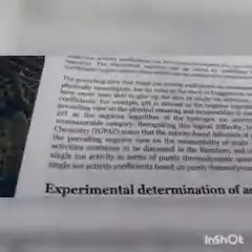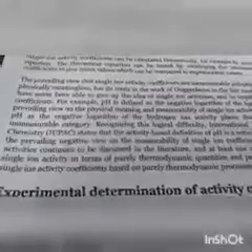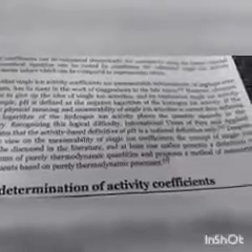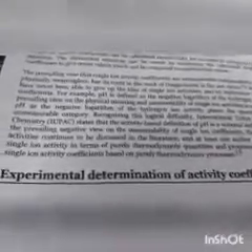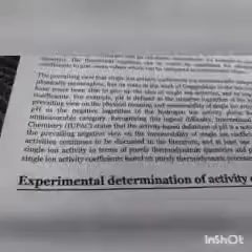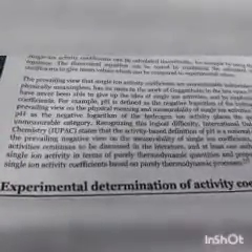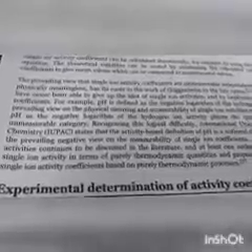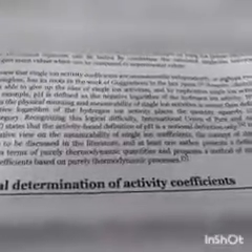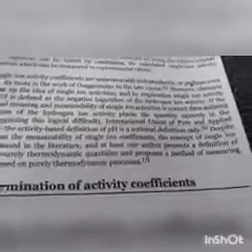However, chemists have never been able to give up the idea of single ion activity and, by implication, single ion activity coefficient. For example, pH is defined as the negative logarithm of the hydrogen ion activity.